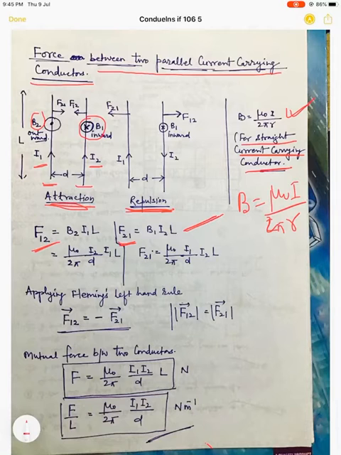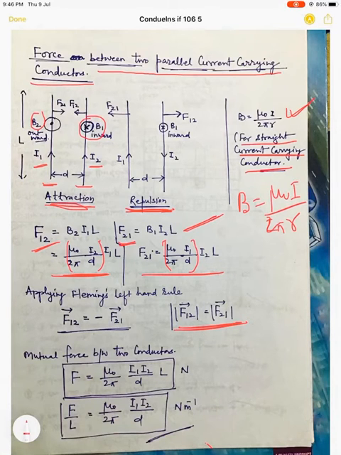So mu naught by 2 pi I2 upon d is the value of B2, into I1 into L, and similarly mu naught by 2 pi I1 by d is the expression for B1, into I2 into L. Just see the two expressions. Both are the same: mu naught by 2 pi I1 I2 by d into L. It means magnitude wise both the forces are the same.